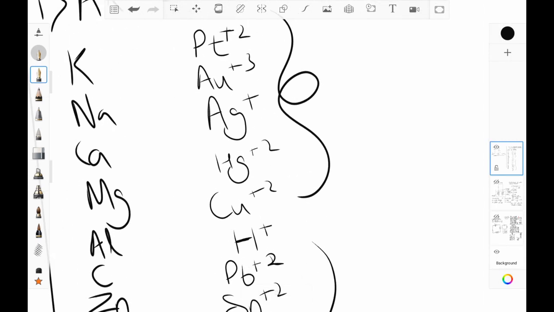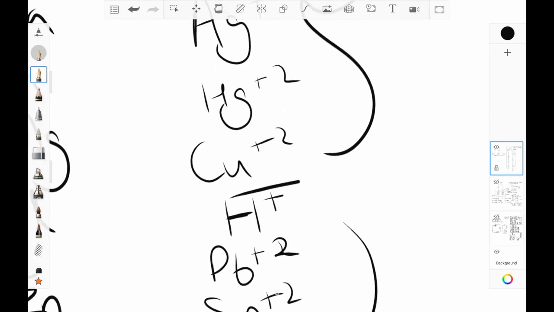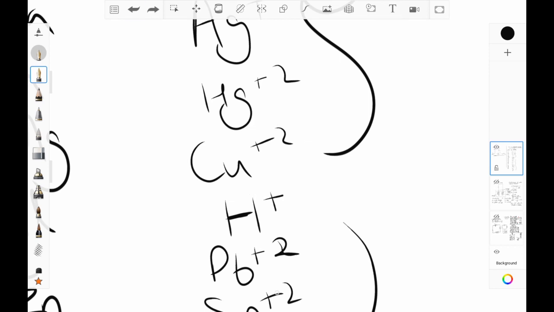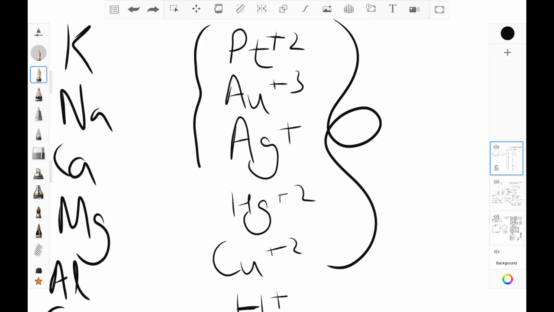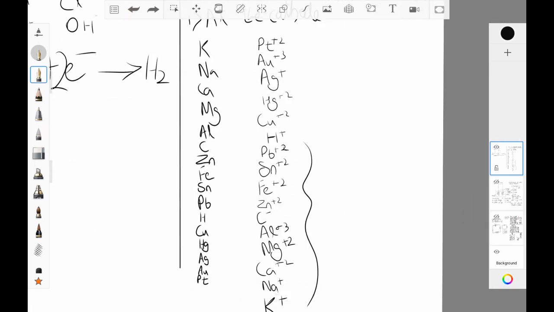Speaking strictly with the IGCSE syllabus, most commonly, if you see copper, you're going to see compounds that eventually give you the copper ion. It's very unlikely for you to see these other ones. But yeah, that's just a general thing. That's about it. That's the first rule.